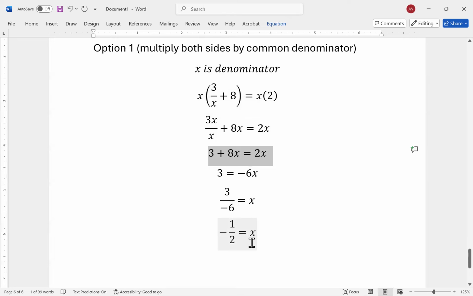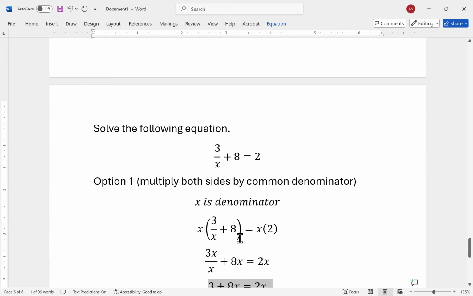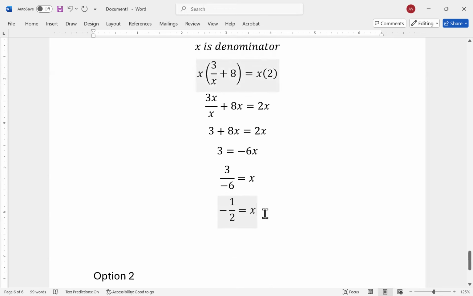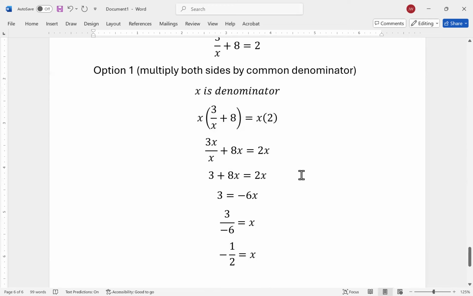Like for instance, if I would have gotten x equals 0 and then tried to plug it in, I could not have divided by 0, and that would have been a problem. Negative 0.5 is perfectly okay to plug in for x. And if you do plug that in for x in my original equation, you'll see that you get a true statement. But you do want to check answers here, especially on these where we have to multiply by variables.